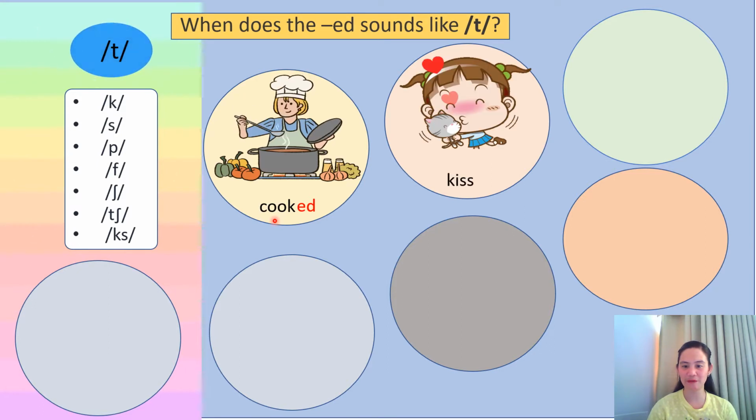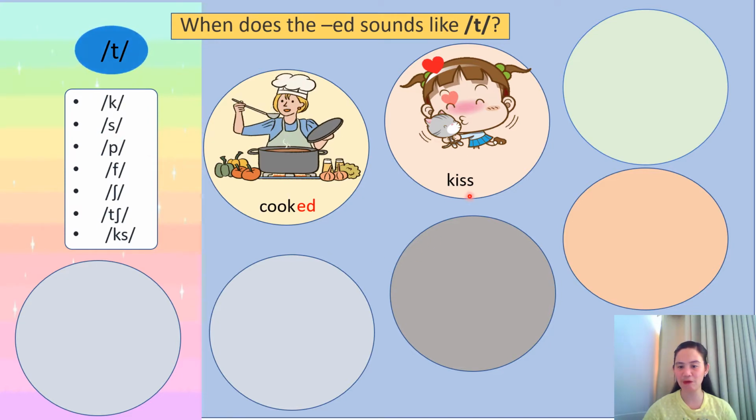Second word, we have kiss. The s sound can be heard at the end of the simple form kiss. Let's make it into past tense by adding suffix ed at the end. So this word can be read as kissed. The ed sounds like t.